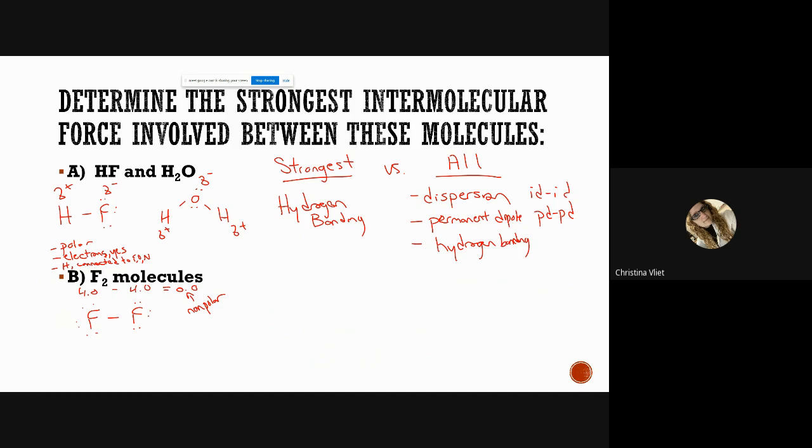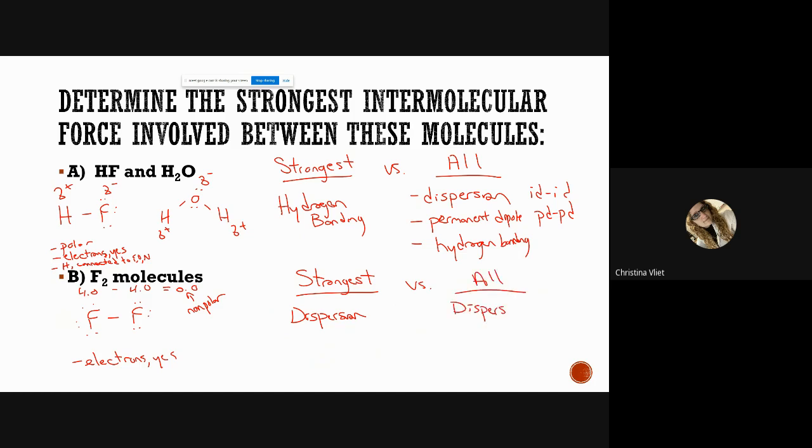Okay, what about dispersion? Can it do dispersion? Does it have electrons? Well, it does have electrons, so electrons, yes, but everything else is no. And so our strongest force is dispersion. And all of our forces are also dispersion.